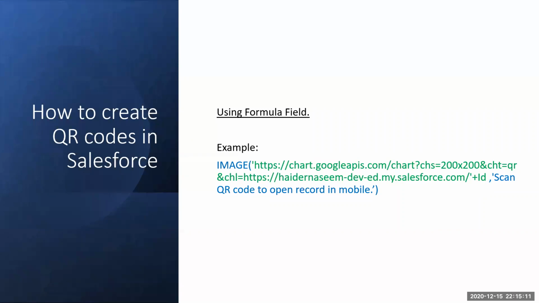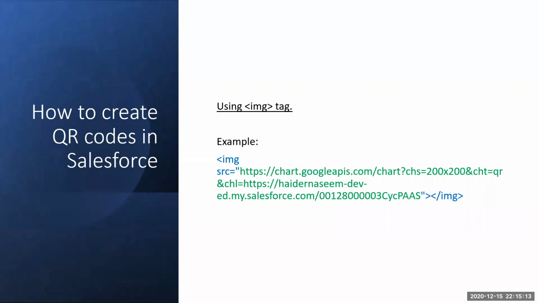Now I'll show you how it can be done using the second method, that is with the IMG tag. So this is almost similar to what we did in the image function. So we have our image tag, the opening and closing tags are here, and the image tag has a source where you have to specify the source of the data that you need to display in the image.